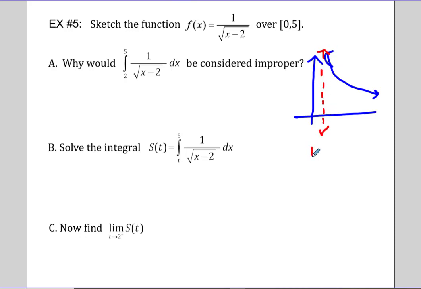And we're going to use u is x minus 2, and then du would be dx. So at x equals 2, this is one that has an infinite discontinuity. So we want to consider why we would look at 2 to 5 to be considered improper.